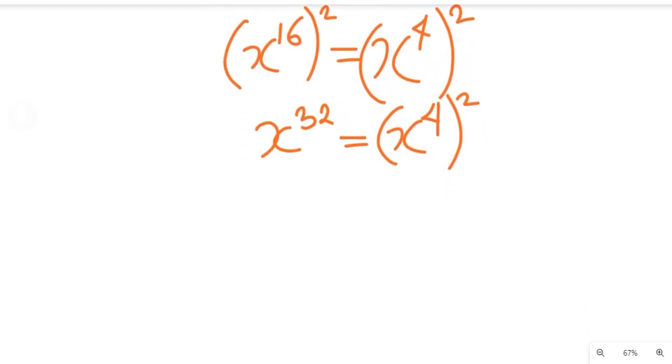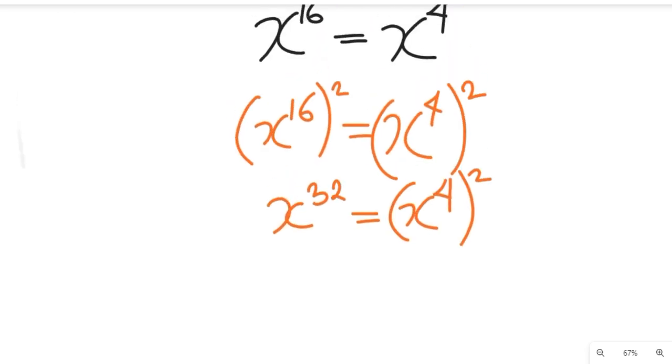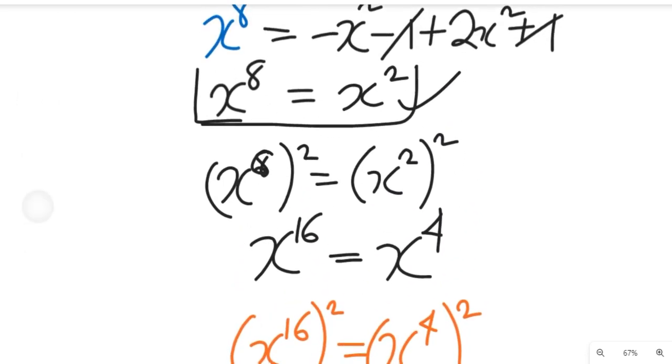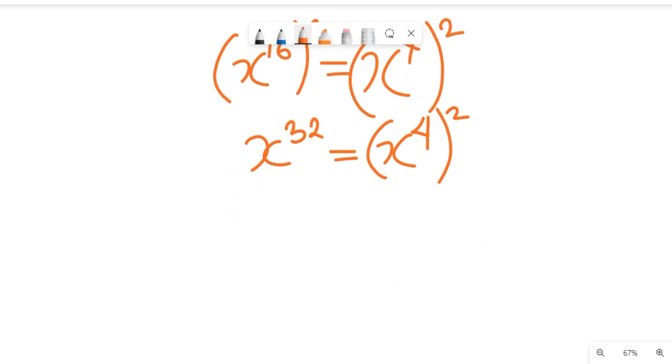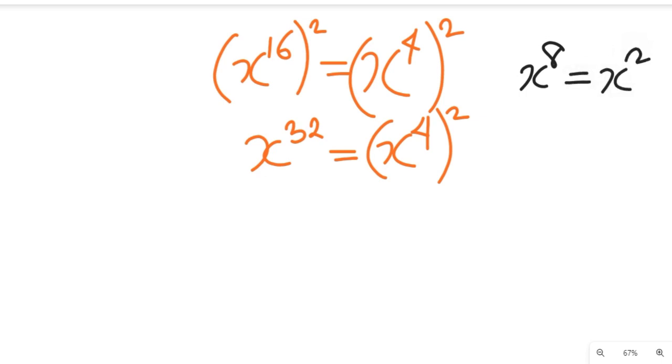Now, I want you to recall something that initially we gave you an expression that x to the power of 8 is equal to x squared. So I want you to recall this expression that if x to the power of 8 is equal to x squared, so you find out that x to the power of 8 can be equal to x to the power of 4 all squared.